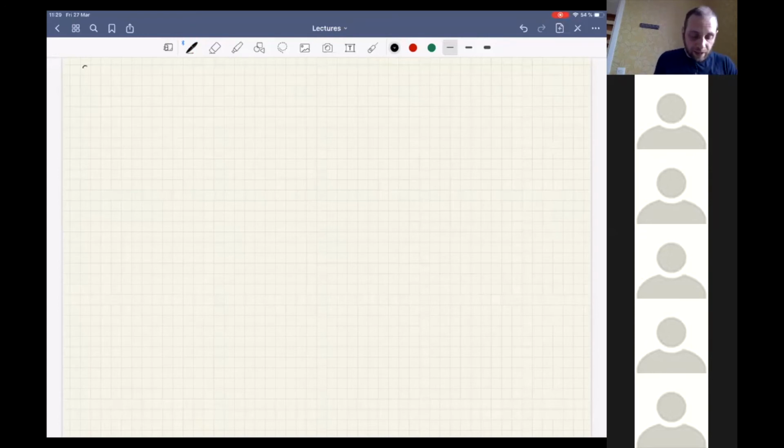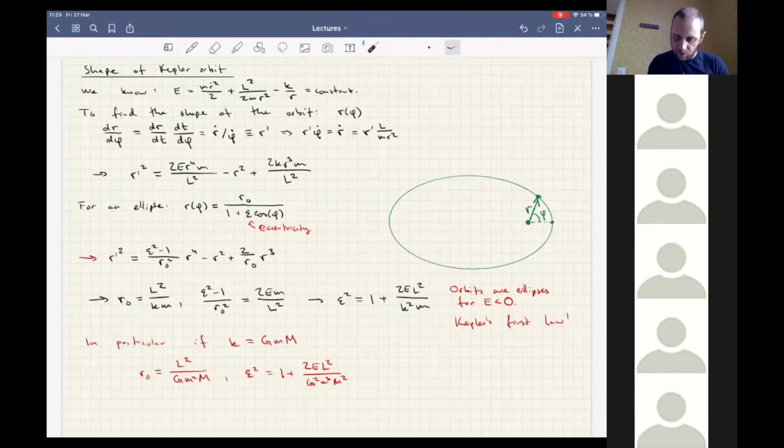So for an ellipse, the semi-major axis, which we'll call A, is equal to r0 divided by 1 minus epsilon squared by definition. And it's going to be the distance between the center of the ellipse and the outer edge. So this distance.